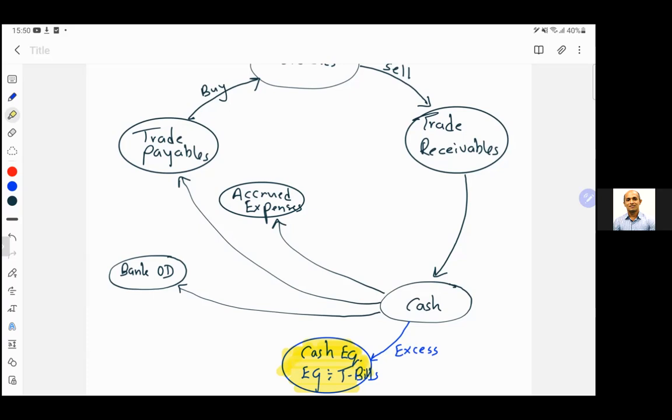So in the analysis of cash and cash equivalents, you try to detect such situations because that's very important when you calculate your liquidity ratios.